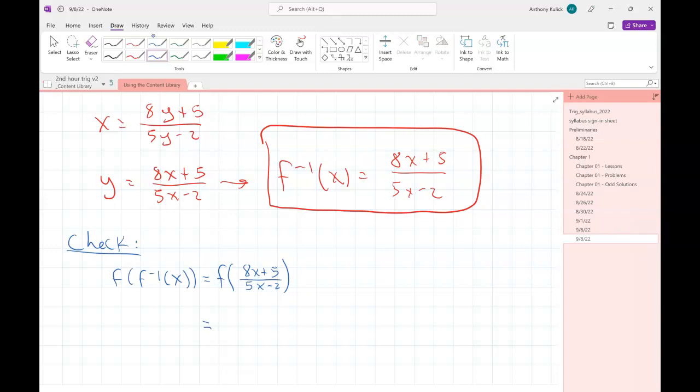My function f said 2 times x. In place of x, I'm just going to put the big parenthesis, plus 5, divided by 5 times big parenthesis minus 8. And what's going inside the big parenthesis? That f inverse piece.